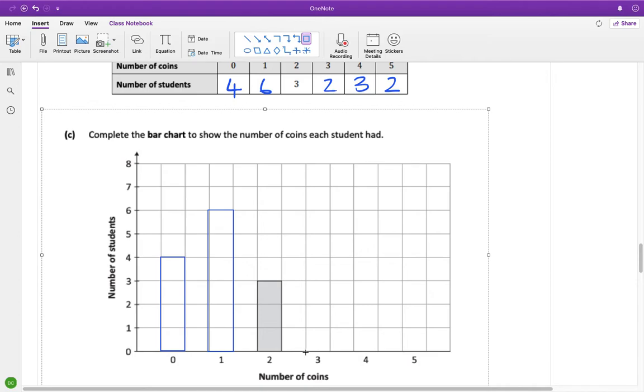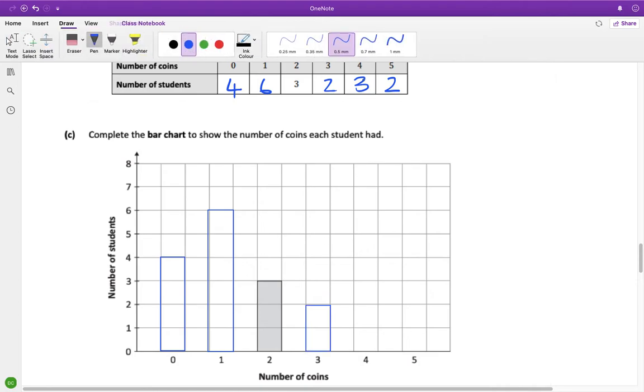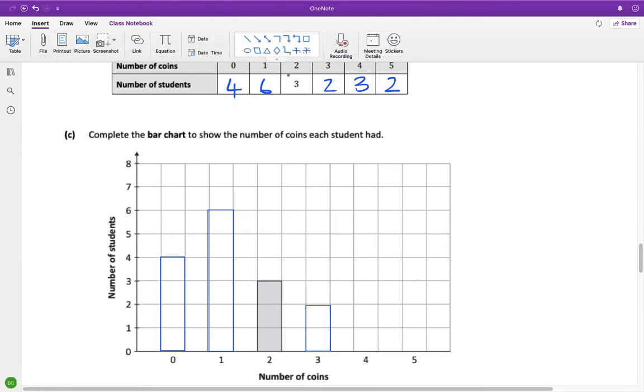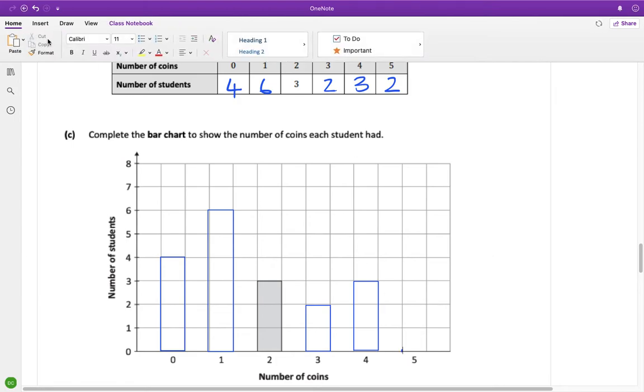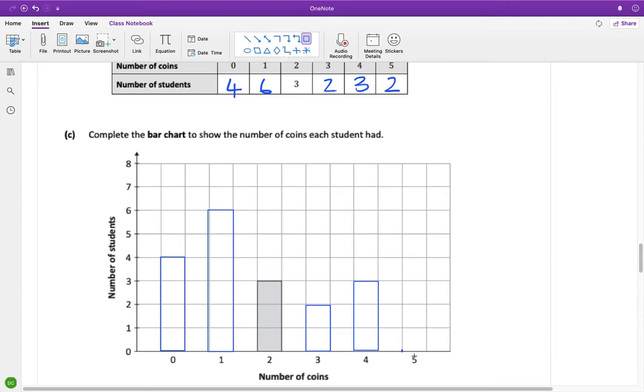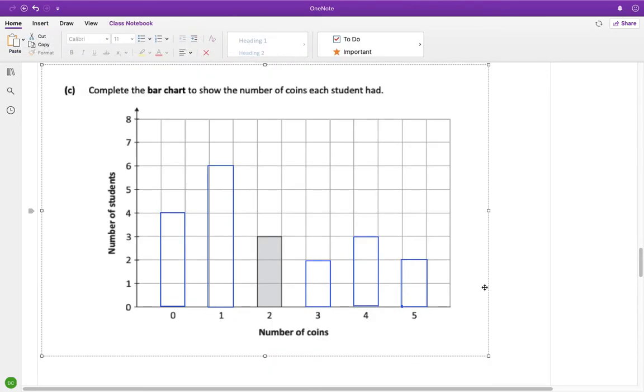So this one should go up to 2. There you go. Next one should go up to 3. There you go. And the last one goes up to 2. Alright, so there's your bar chart.